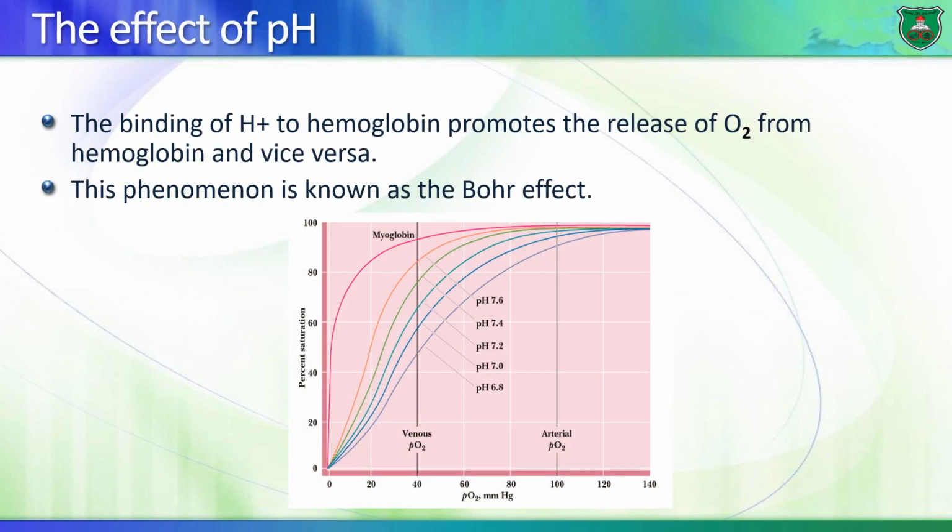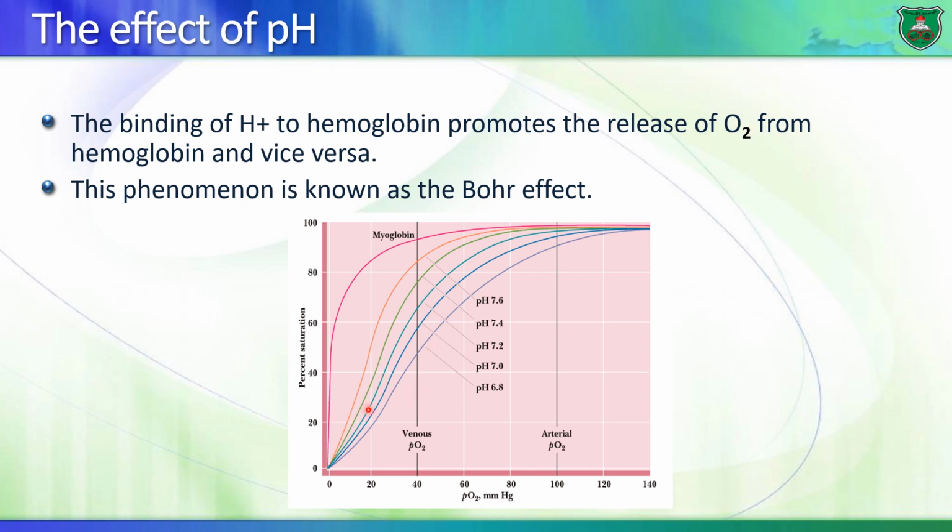So let's start talking about the hydrogen ions and what they do. Hydrogen ions are basically, we're talking about pH. And the idea here is that as pH goes down, affinity goes down as well. So the more hydrogen ions exist surrounding hemoglobin, the lower the affinity is.